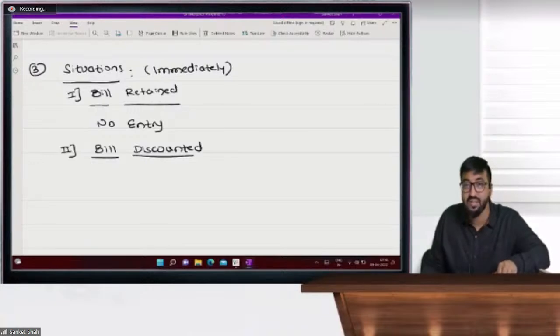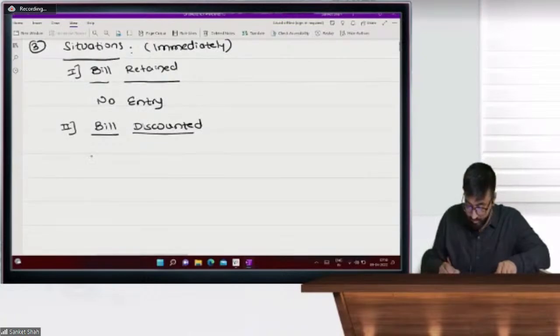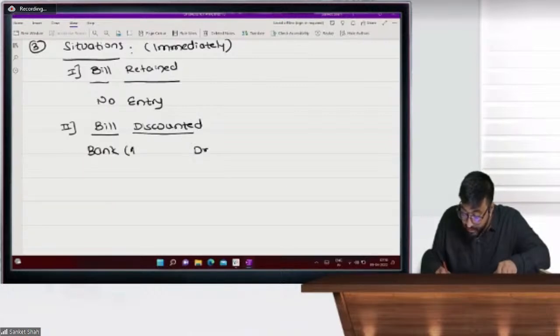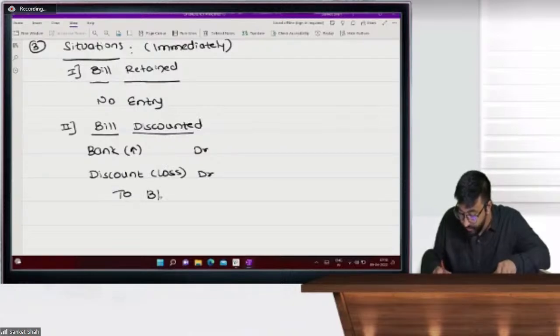That interest is called discount. So the bill goes out and the bank balance will increase. Bank balance increasing means debit. Discount is your loss. So bank debit, discount loss, to bills receivable.